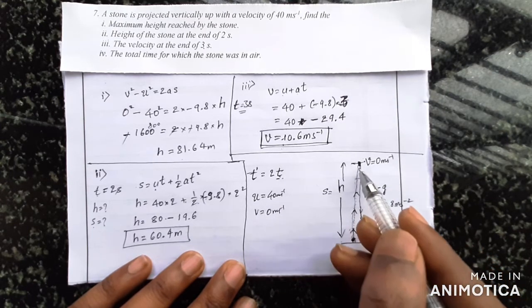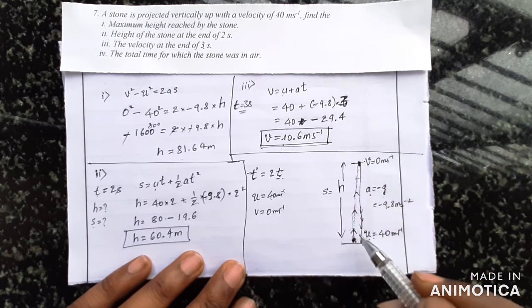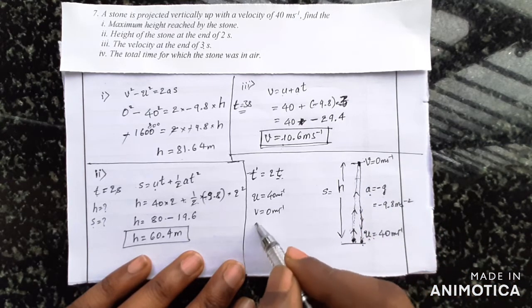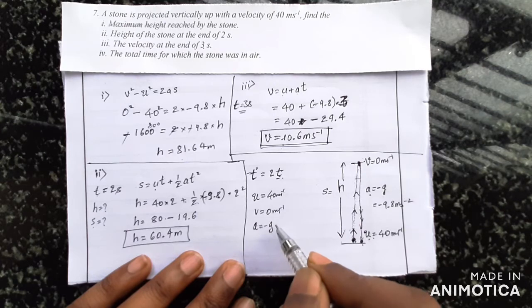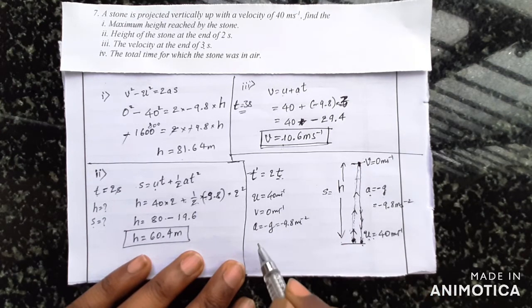When you throw a body, it reaches the topmost point, and there at the topmost point the final velocity becomes 0 for a while, and after becoming 0 it starts falling down again. So for a certain time velocity will be 0, and acceleration is minus g, which is minus 9.8 meter per second square. What we need to calculate is time taken.